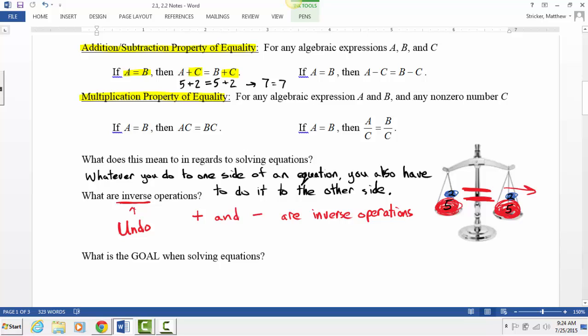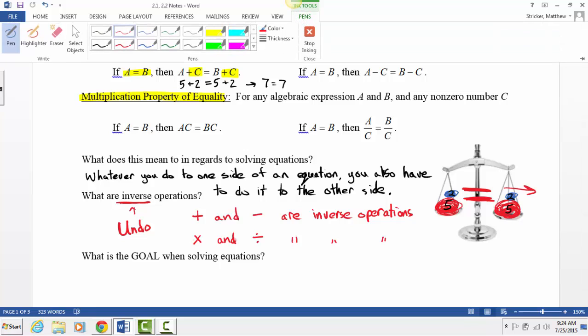Can you think of any other operations that undo each other? We know if we add 2 and we take away 2, we get back to where we started. Also, multiplying and dividing. These are inverse operations. I'll talk more about what I mean by that in a second, but we're going to use this concept of inverse operations along with the idea of keeping an equation balanced to solve equations.